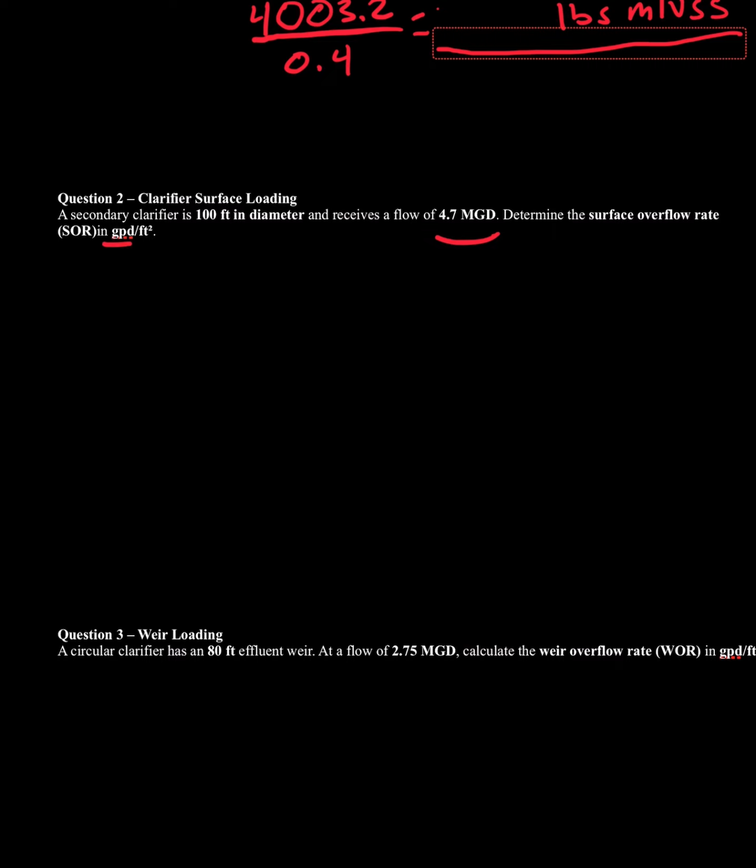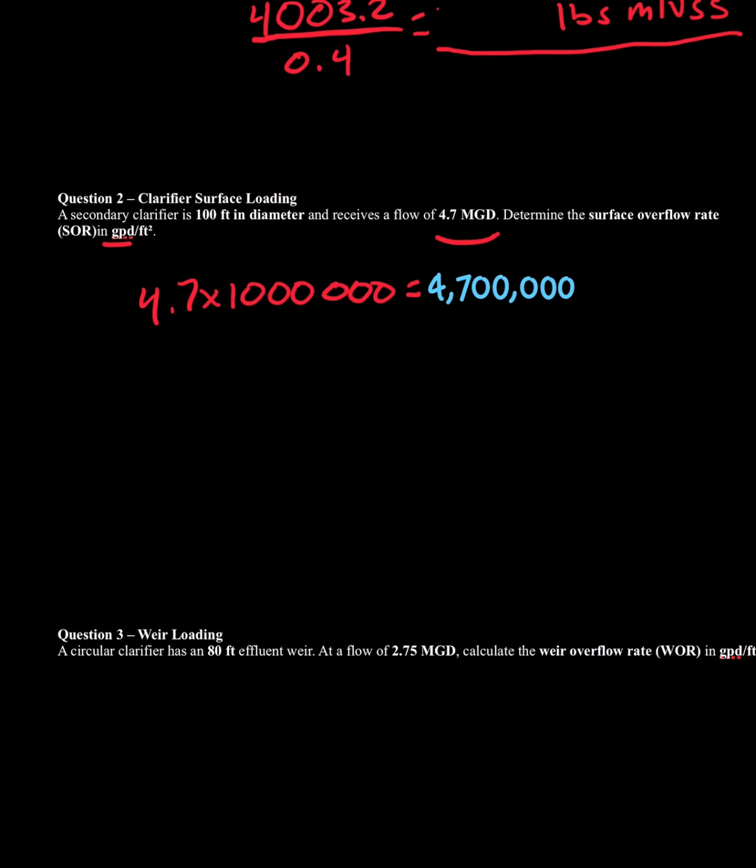So we're going to convert this to GPD. 4.7 times 1 million, because there are 1 million gallons in a million gallons. So we just convert that, and that will equal 4,700,000 gallons per day.